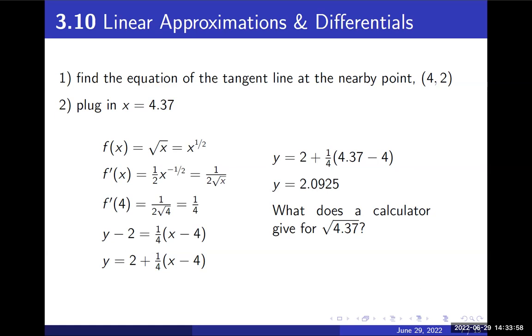What does a calculator give? If you do that, here's what my calculator said. I put in as many digits as it produced, and obviously there's more, but mine gave 2.090454496.